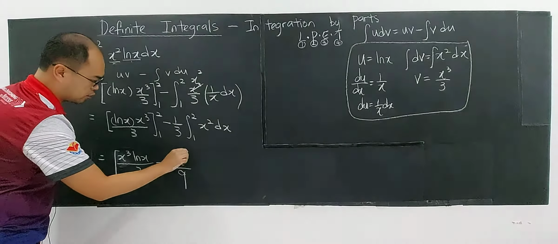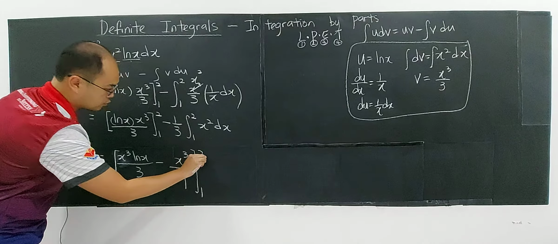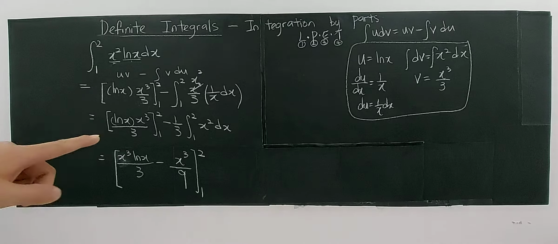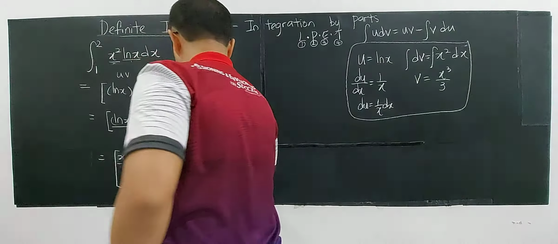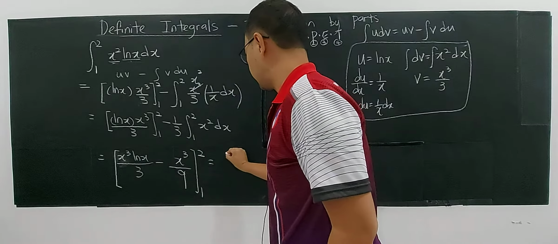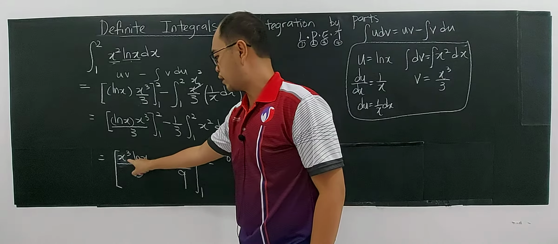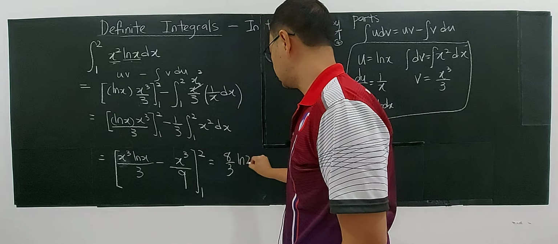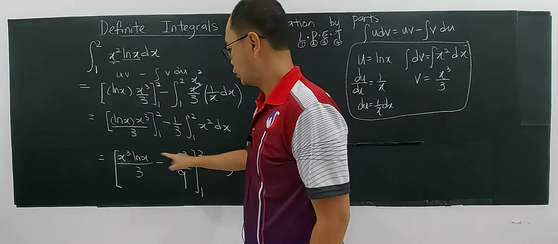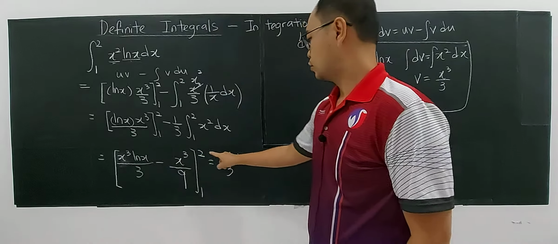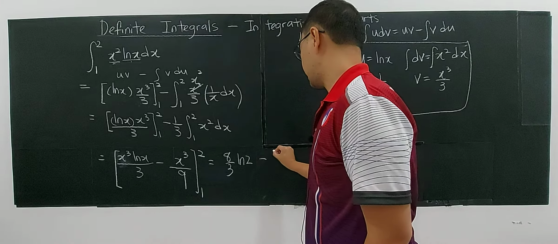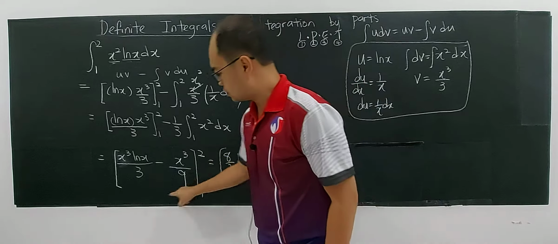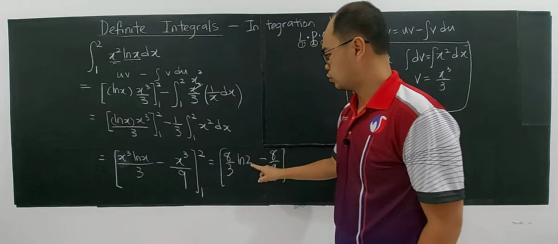Now evaluate by substituting 2 first. 2 to the power of 3 is 8, so you have 8 over 3 ln 2, minus 8 over 9.